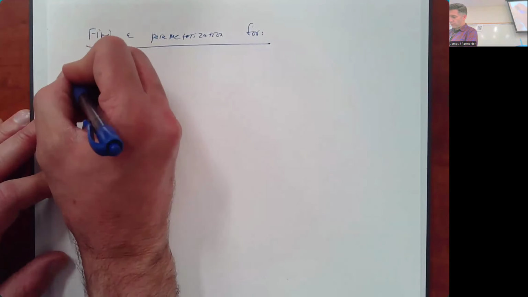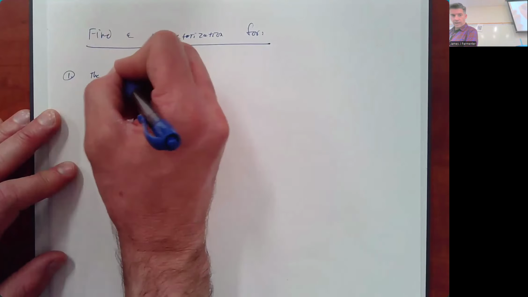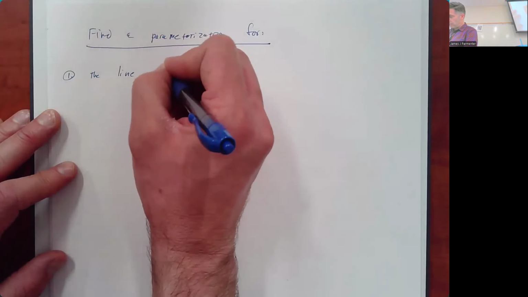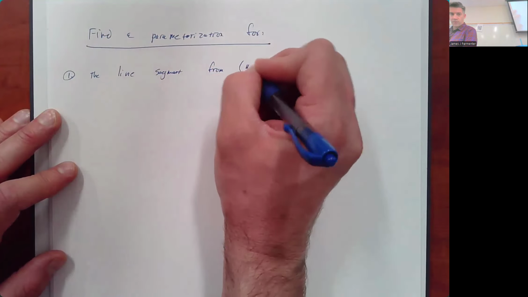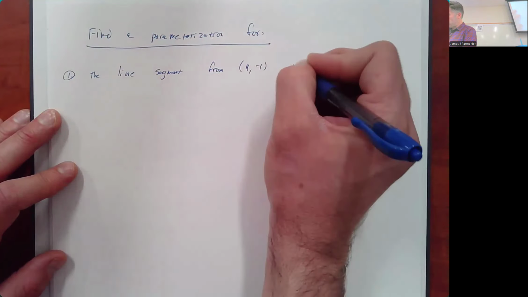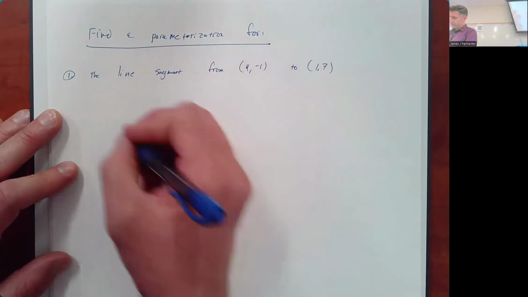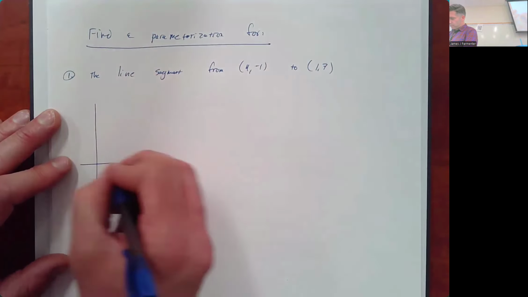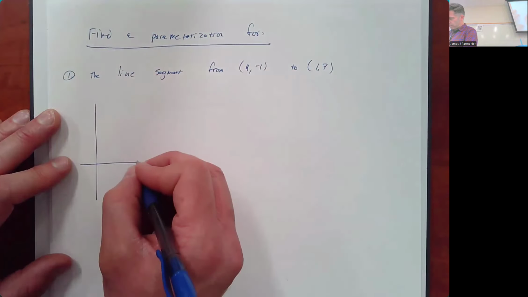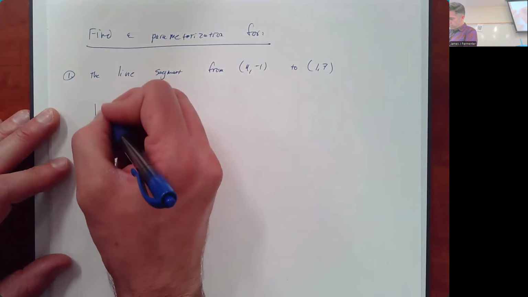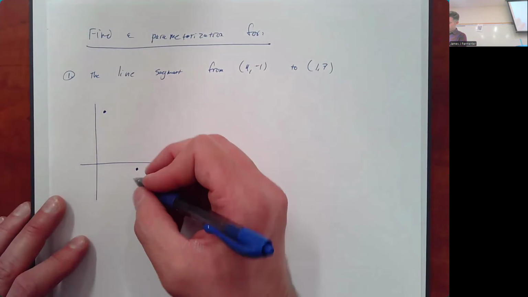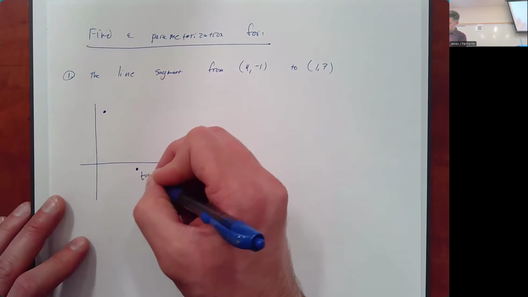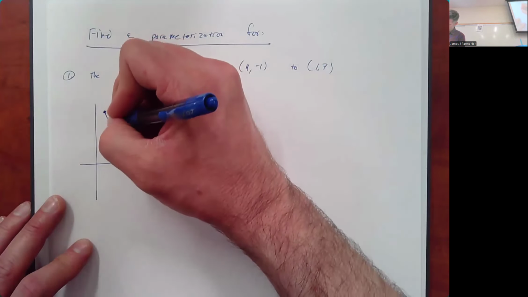So the line segment from the point (4, -1) to the point (1, 7). So we're looking at something like the line segment that starts here at this point and ends here at this point.